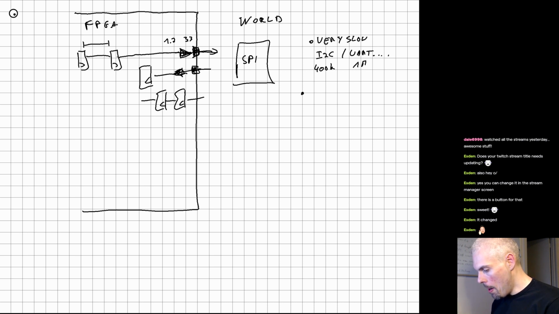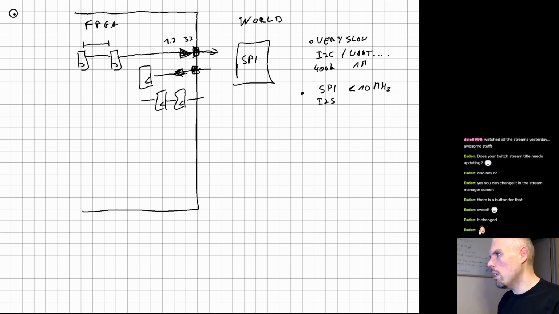Then you have the thing that is faster, but you can usually get away with sampling on the other edge or stuff like that, and that would be typically SPI at less than 10 megahertz or something like that. I think I2S would also be in that kind of frequency range.